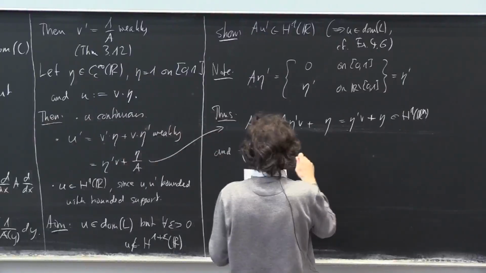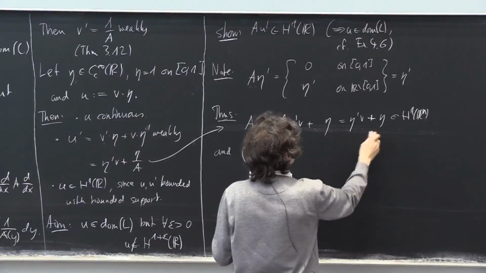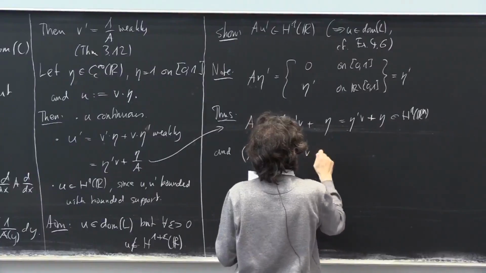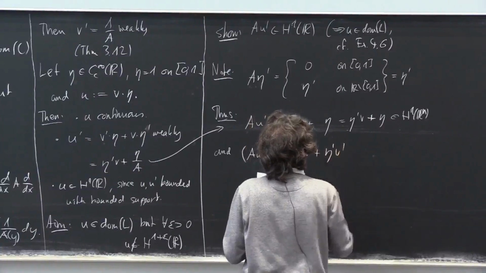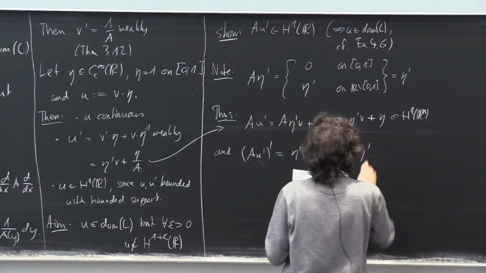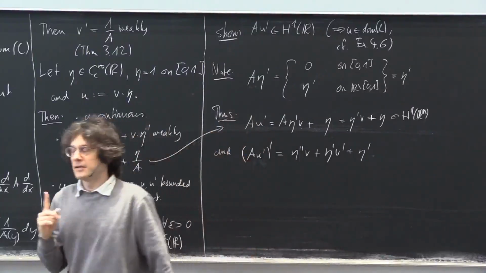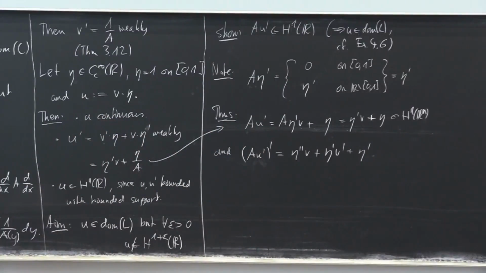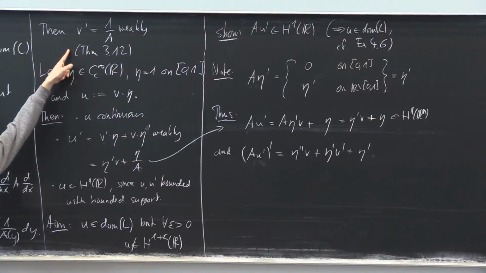So LU is, so you have to differentiate this. This is eta double prime V plus eta prime V prime plus eta prime. Notice the nice thing is we do not have to differentiate V prime, because that would be a problem. You can nicely differentiate V, but never dare to differentiate V prime, because V prime is 1 over A and A is jumping like mad.